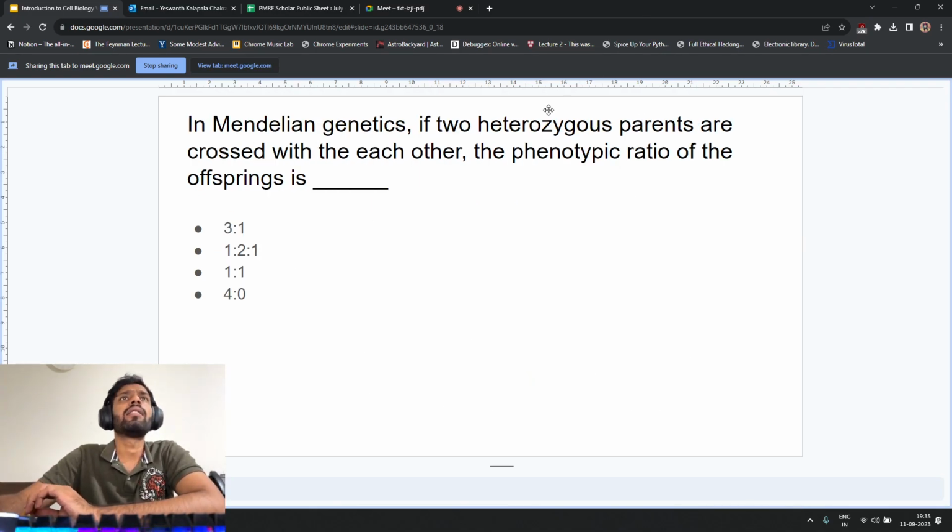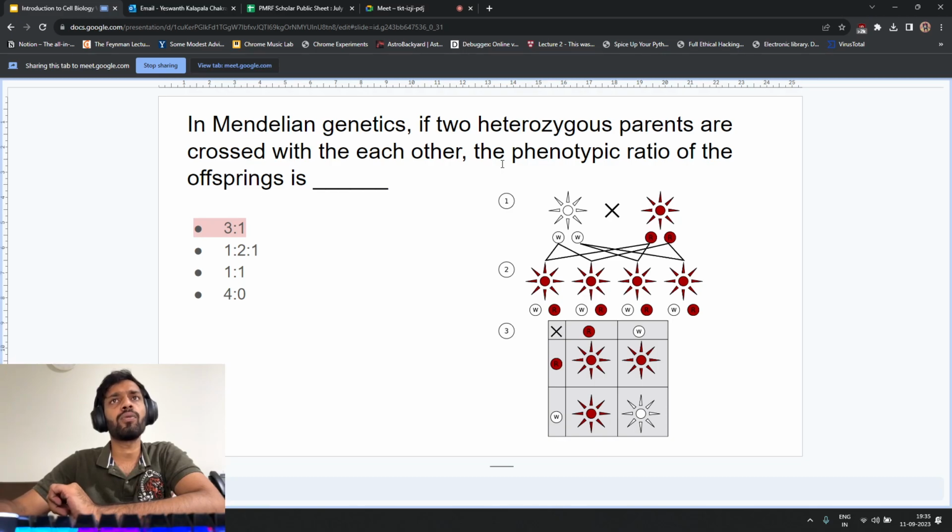Okay. We've also discussed several crossings. In this case, they're asking if two heterozygous parents are crossed with each other, the phenotypic ratio of the offsprings is what? It'll always be 3:1 if it's heterozygous parents being crossed.